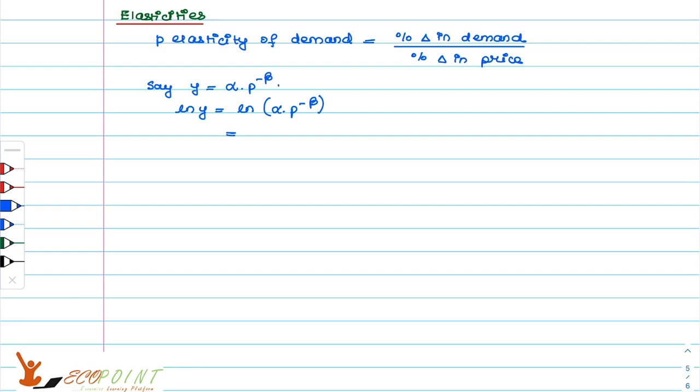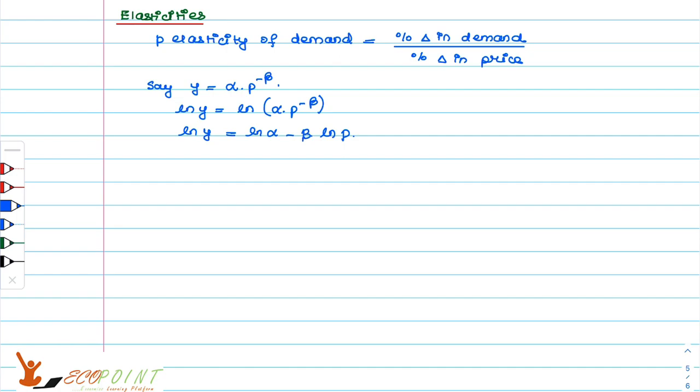Log of A into B is log A plus log B. And log of B to the power C is C log B. We can do it this way. So log of y equals log of alpha minus beta log p. Fair enough.